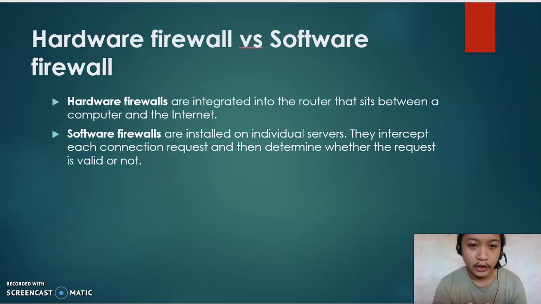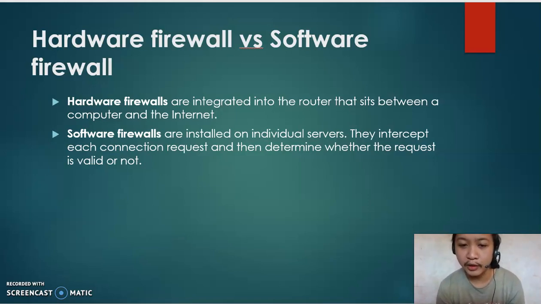Okay, hardware firewall versus software firewall. Hardware firewalls are integrated into the router that sits between the computer and the internet. So if you are using routers, hubs, switches, the router is basically the most used in any household.